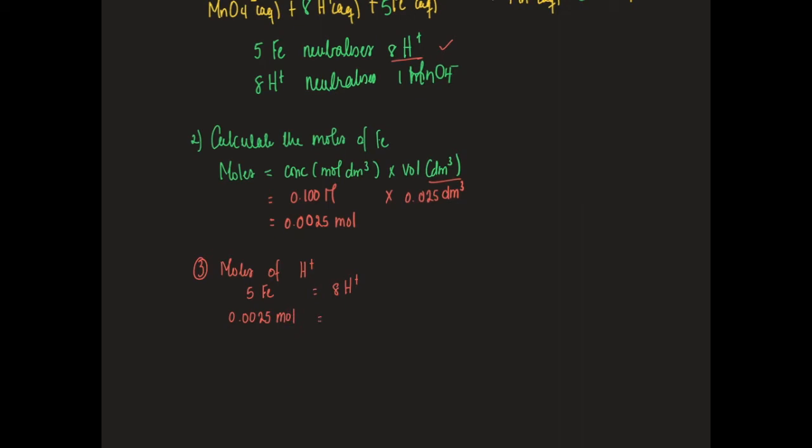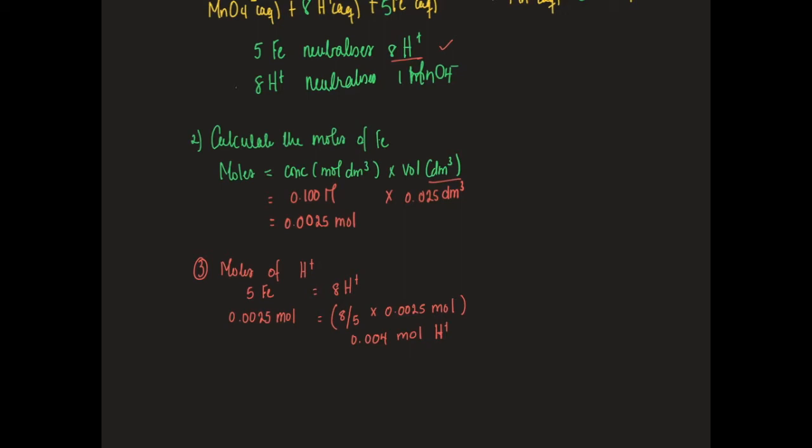And therefore, our moles of sulfuric acid would be 8 divided by 5, and we're going to multiply that by 0.0025 mole. And that's going to give us 0.004 mole. So now we know the moles of sulfuric acid.